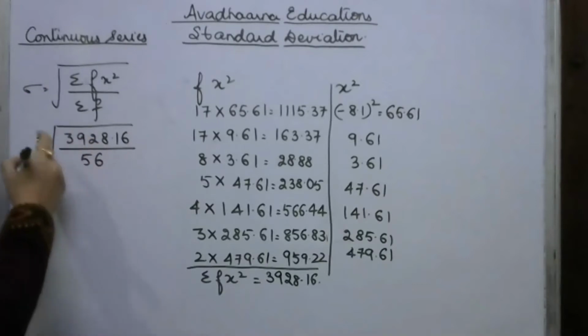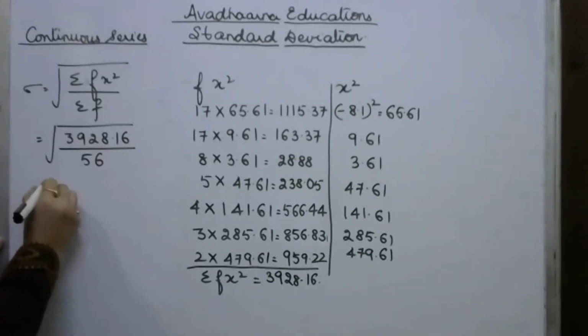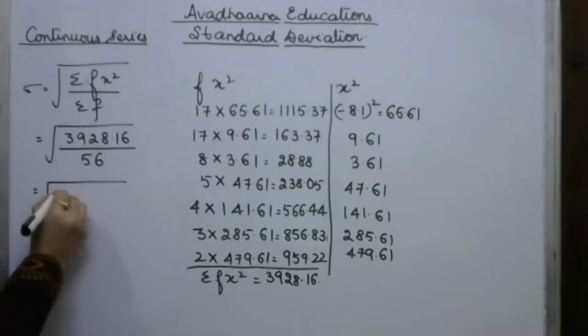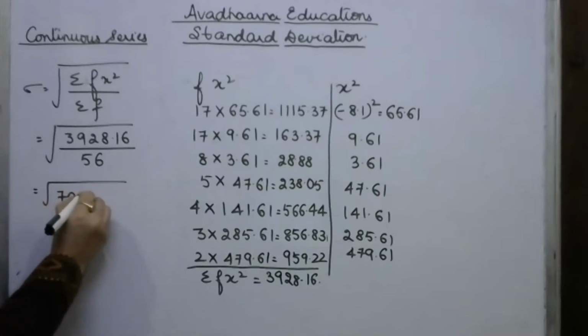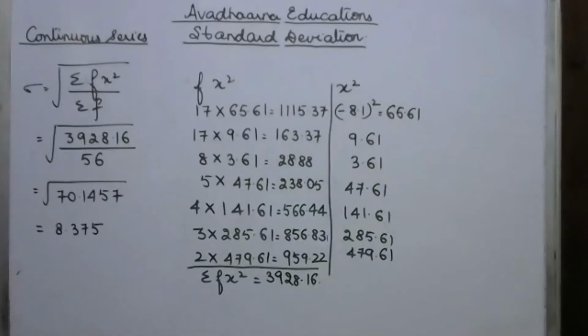Summation f was 56. So when we divide it by 56, we are going to get 70.1457. And when we calculate the square root of 70.1457, the standard deviation is 8.375. So this is the required answer.